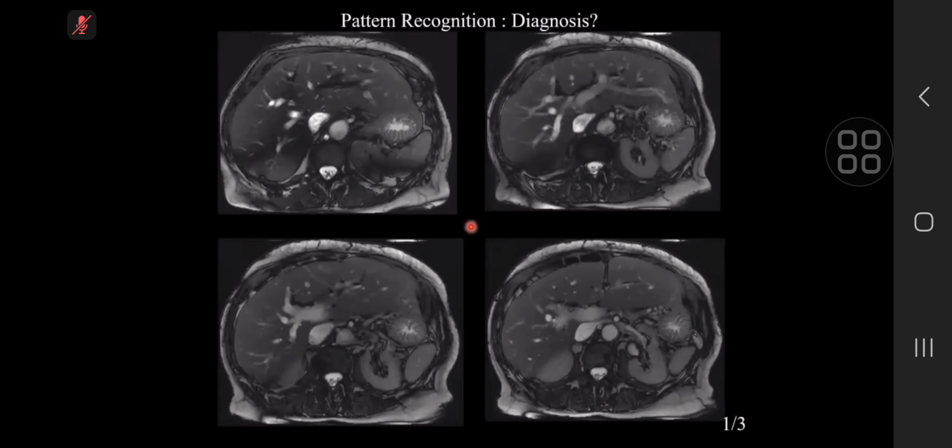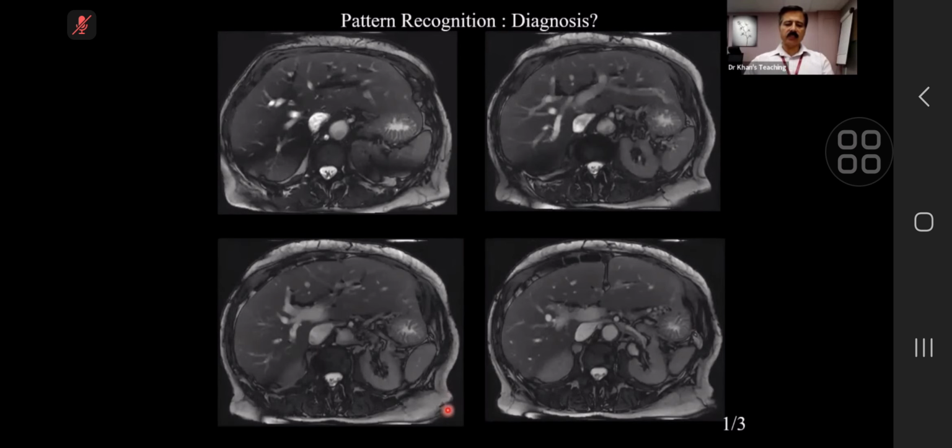Yep, hi. Okay, this is an MRCP study. I have given you T2 axial sequences, and intentionally just the axial sequences. And what is your diagnosis?